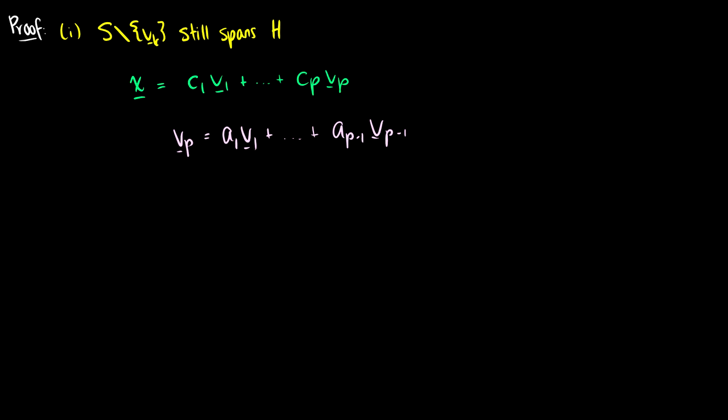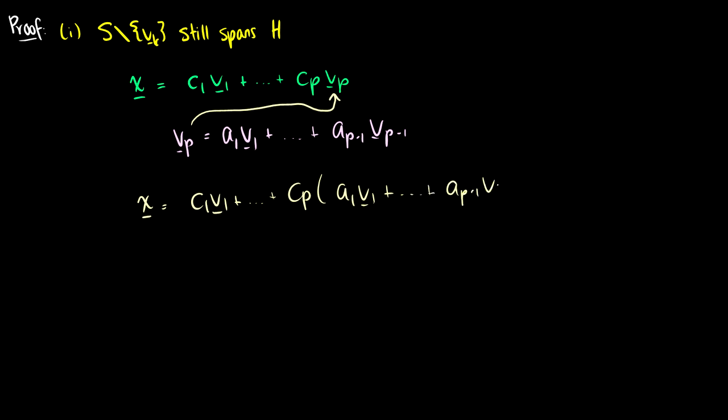What we can do now is substitute this in for our representation of the vector x. So now x is equal to c1 v1 all the way up to cp vp, but when this vp goes in here, we're going to replace it with a1 v1 all the way up to a(p-1) v(p-1).